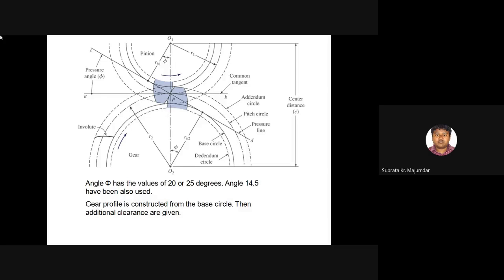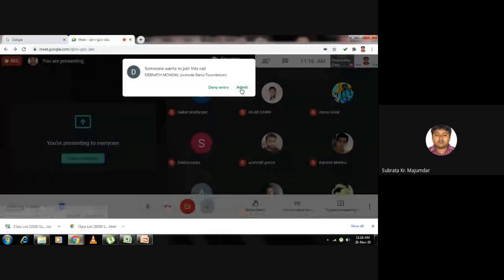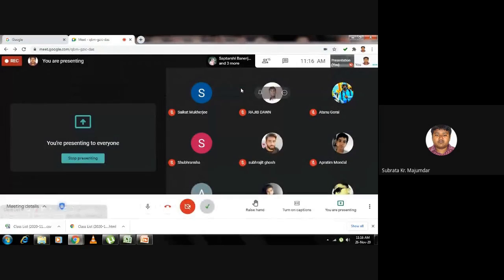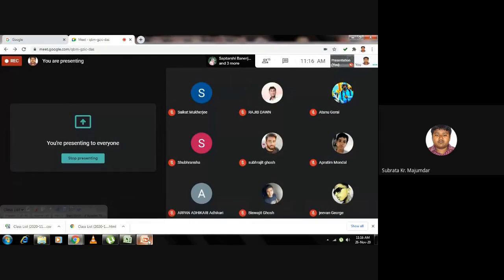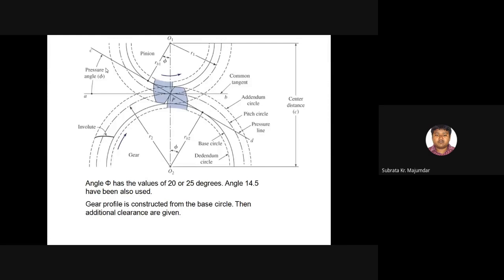Okay, now we come to the pressure angle. Look at the diagram. This one is considered the pressure angle. Now, what is the pressure angle? Another name for the pressure angle is the angle of obliquity.